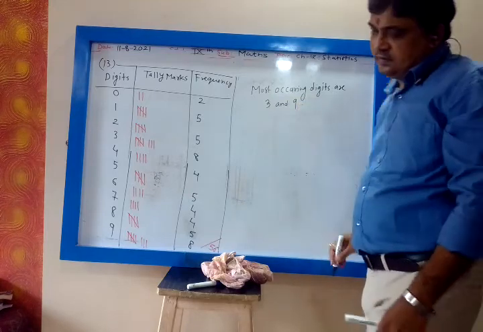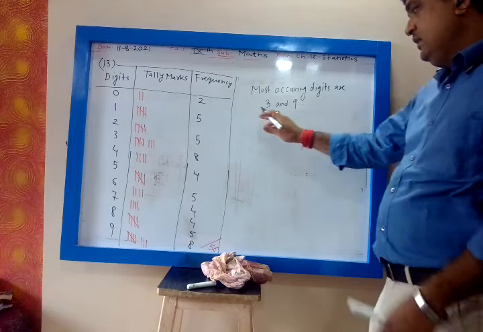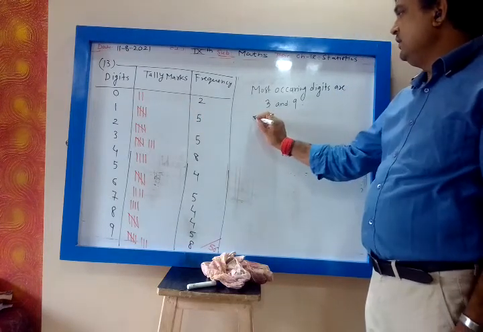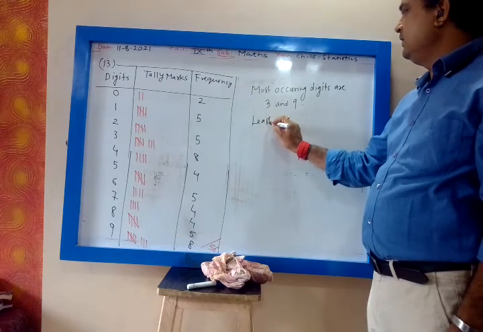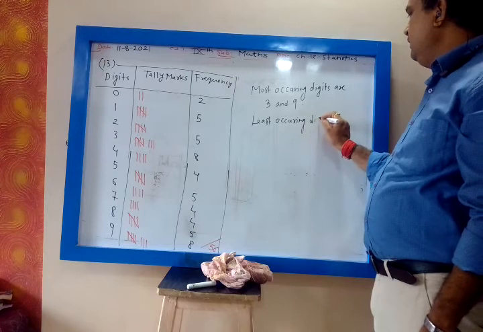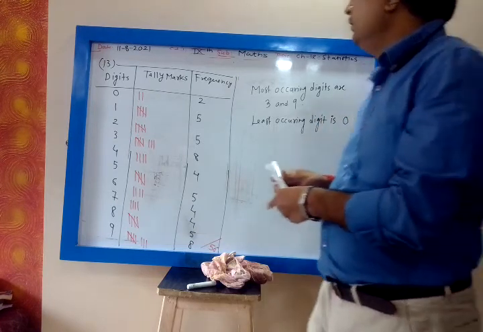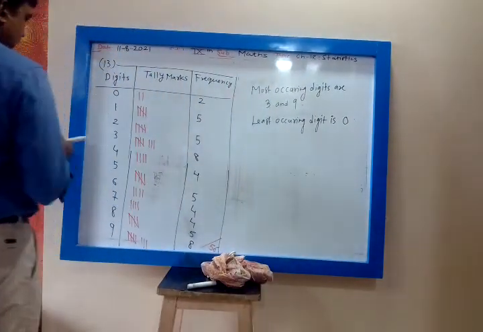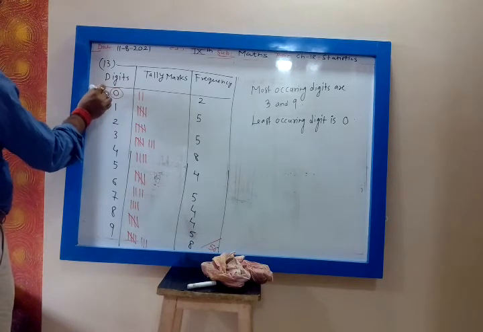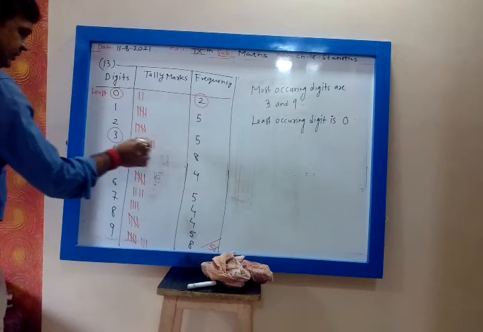Then what is asked? The least occurring digit. 0 has occurred 2 times, so that is the least. So least occurring digit is 0, because this is 2 and 3 is 8.